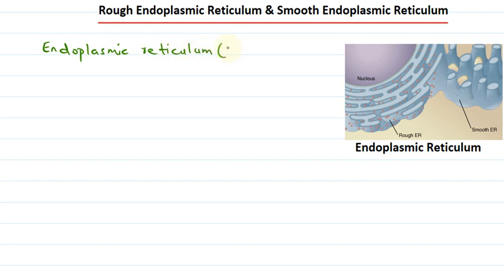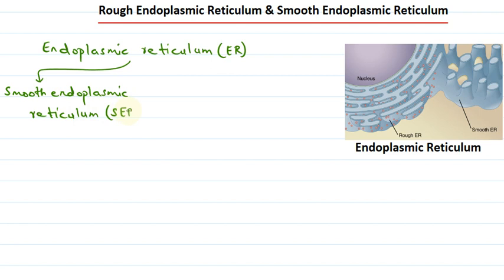So we can see that endoplasmic reticulum, that is ER, is of two types. One is the smooth endoplasmic reticulum, that is SER, and the other one is the rough endoplasmic reticulum, that is RER.